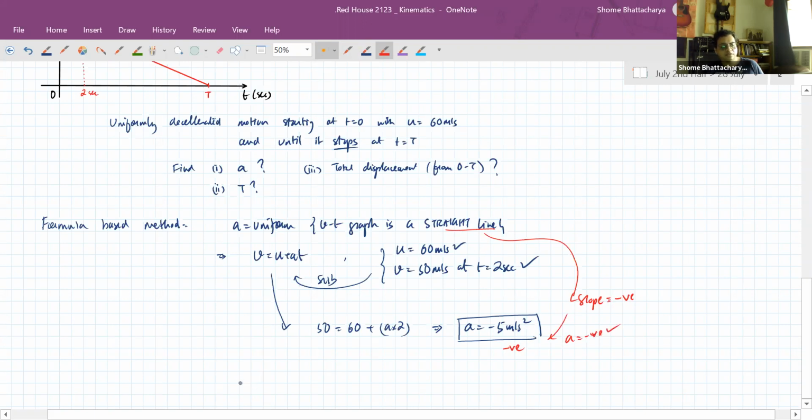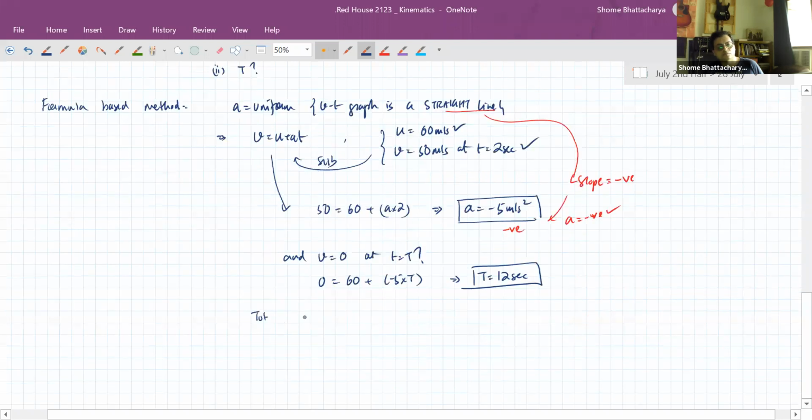And now we want to find that time. So again we substitute: 0 is equal to 60 plus minus 5 into capital T. So from this we can see that the time is 12 seconds. Okay. And then we calculate the displacement from 0 to T seconds.